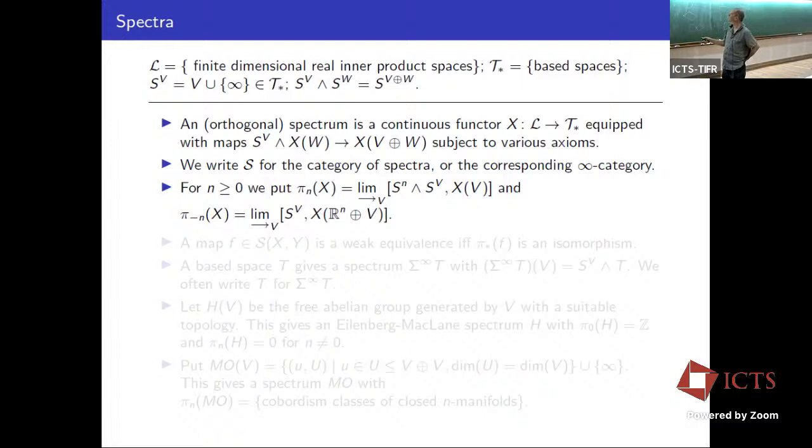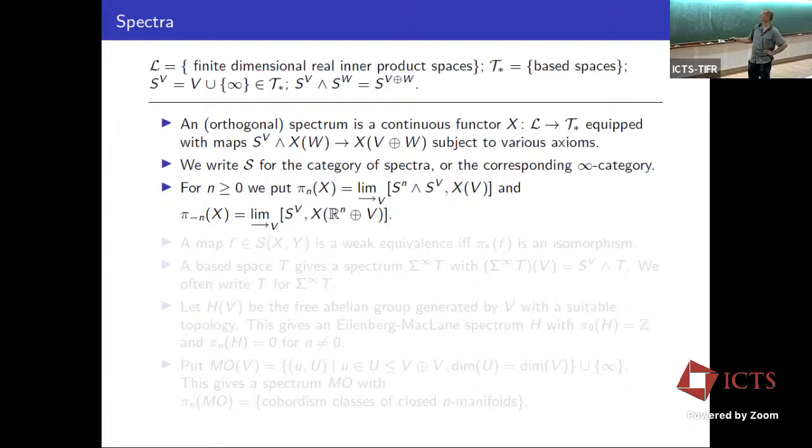For n greater than or equal to 0, you take the maps from S^V smashed with S^n to X(V), take homotopy classes of maps here, and you take the colimit over V. It's more common to define the colimit over the sequence of standard inclusions of R^n into R^(n+1). It's a little exercise, but it doesn't make a difference if I take the colimit over the whole category curly L. And that formulation actually makes things work more nicely if we want to do the equivariant version and for various other purposes. So that's what we do for the non-negative homotopy groups.